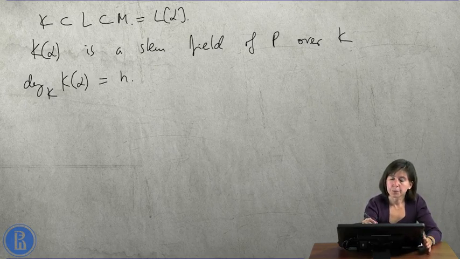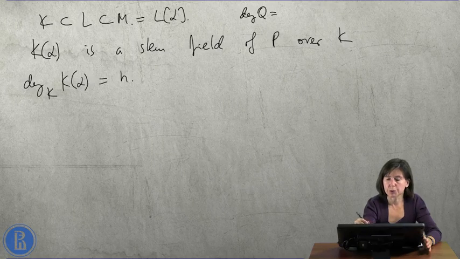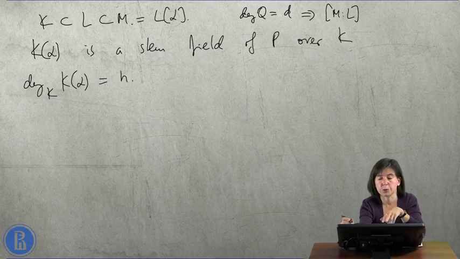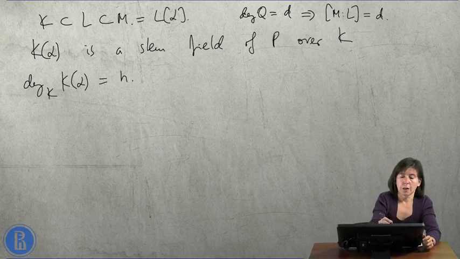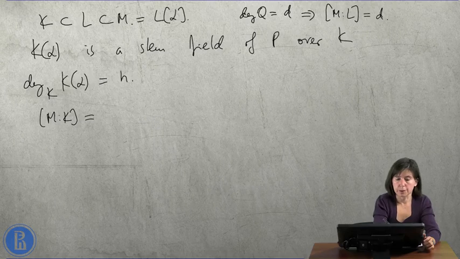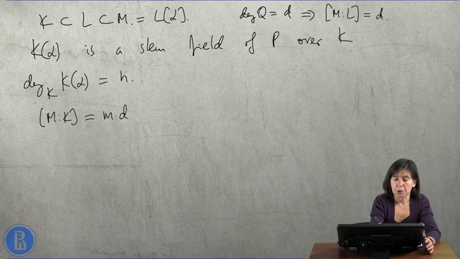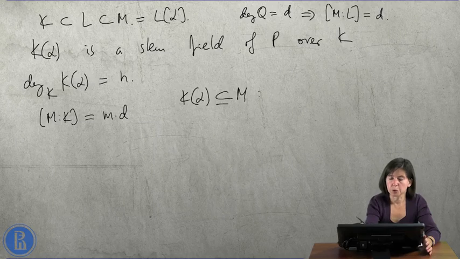Well, on the other hand, if the degree of Q is d, then d is the degree of M over L, because M is a stem field of Q over L. And so the total degree, the degree of M over K, is m times d, because it's the degree of L over K times the degree of M over L. But K of alpha is a subextension of M. So the degree n must divide md.